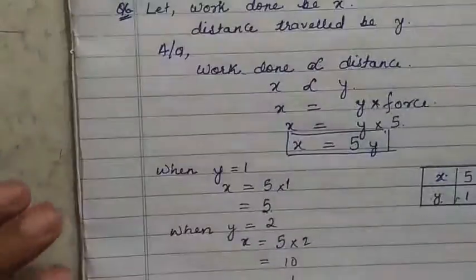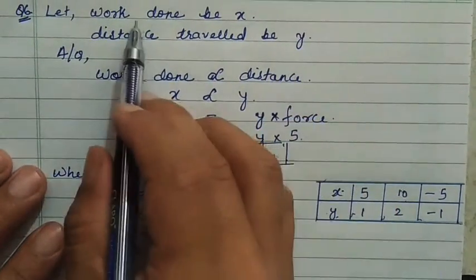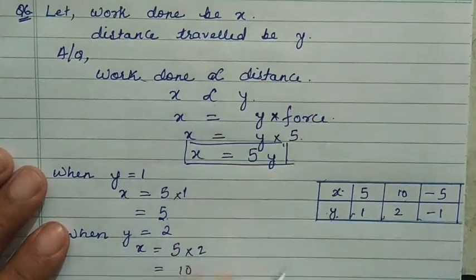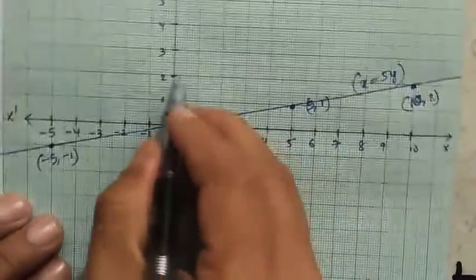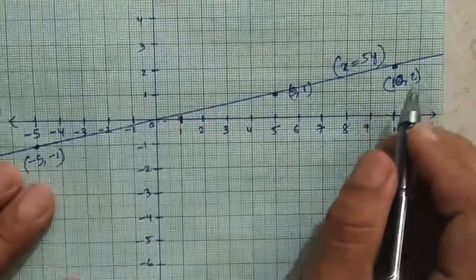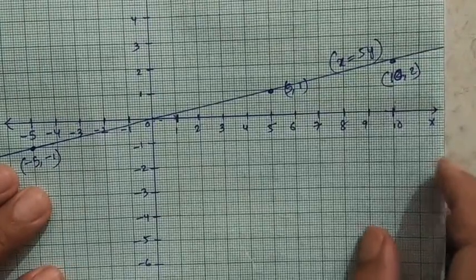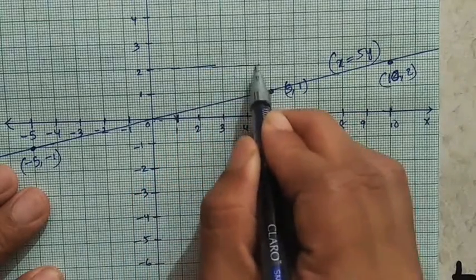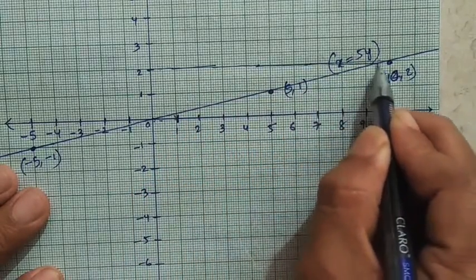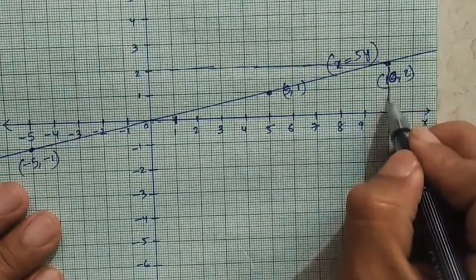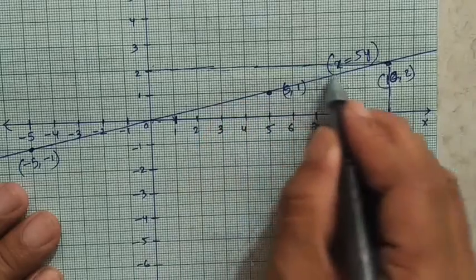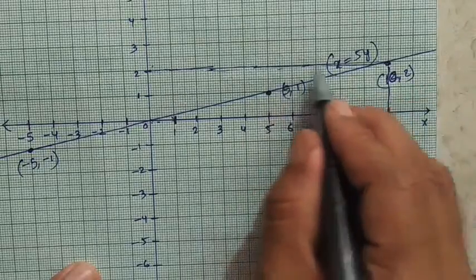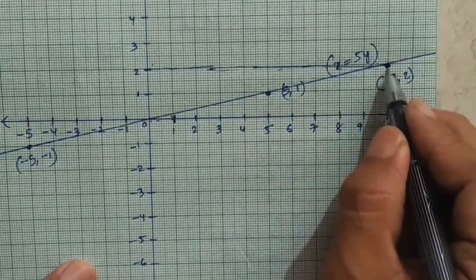Distance is y, and work done is x. The question says distance is 2 units, which means y is 2 units. When y is 2, what will x be? So at y equal to 2, extend the line till you meet this line, drawing a scale bar. Where it meets, it takes the x axis value 10.